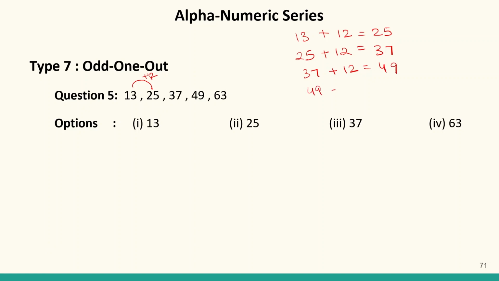Yes. If I add 12, will it give me 63? No. It will not give me 63. If I add 12 to this, it will give me 61. So this particular term is wrong. It is out of place. It is the odd one out. And hence our answer will be option number 4, 63.